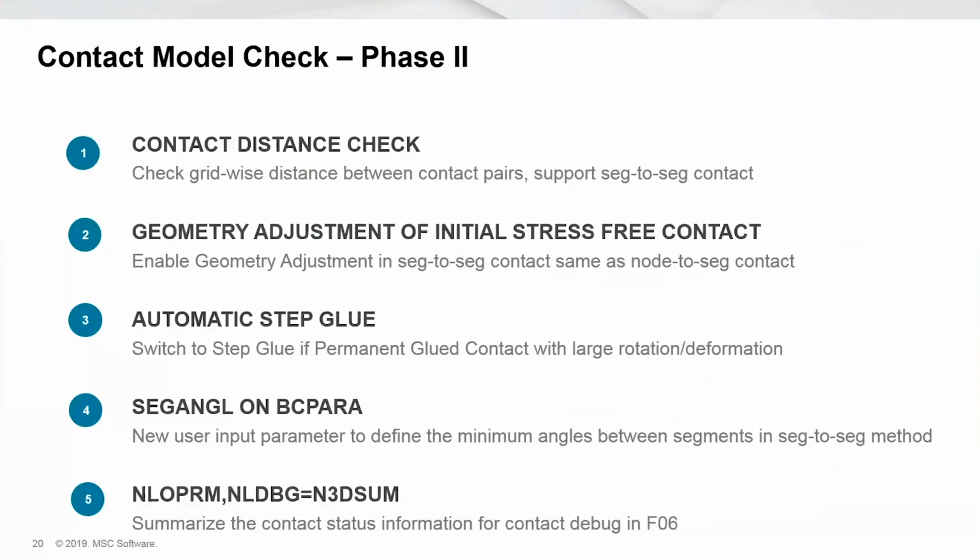The second one is the geometry adjustment of initial stress-free contact. And third one is the automatic step glue. Next is the segment angle on the BCPARA entry and NLPRM, NLDBG, and 3D sum to summarize the contact status information for contact debug in F06. I'll talk more about it in the next slide.